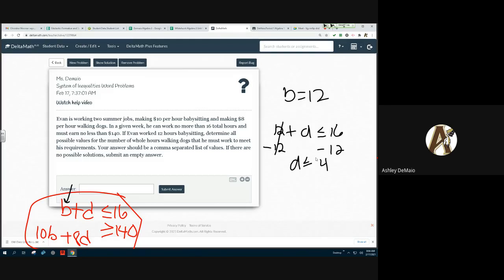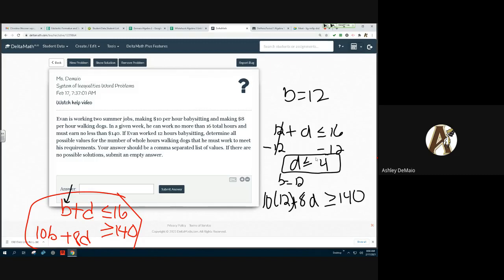So that's one thing that we know for sure. Now, let's solve for the second inequality, using B equals 12 again. So 10 times B, which would be 10 times 12, plus 8D is greater than or equal to 140.